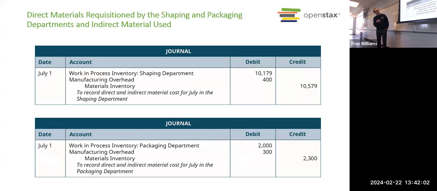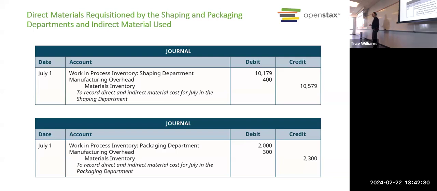Now, at this point, we can see some of those raw material costs are going into work in process for the shaping department. Some of those materials are going into manufacturing overhead. Why would we put some of the material costs in manufacturing overhead? Because they're indirect, because they cannot be traced directly to a specific product.